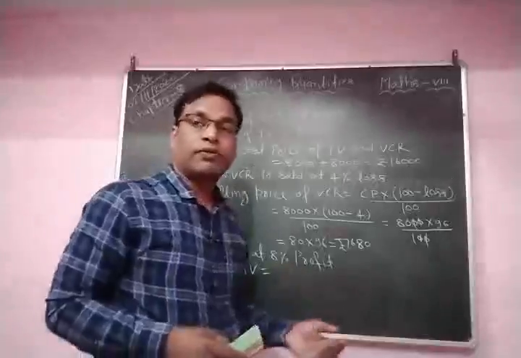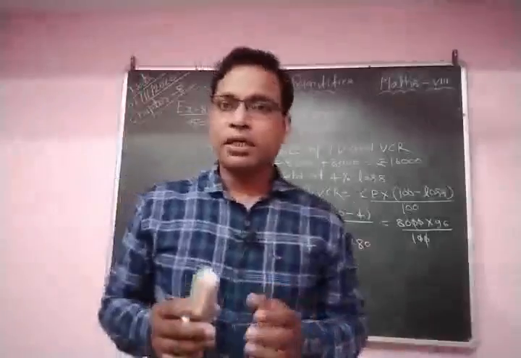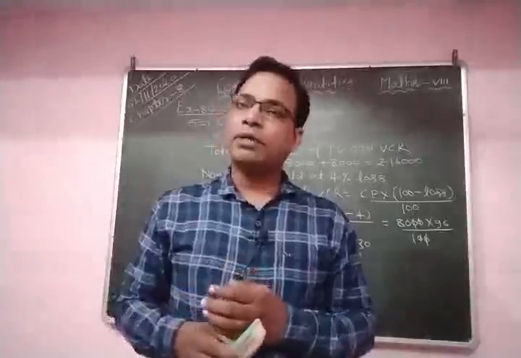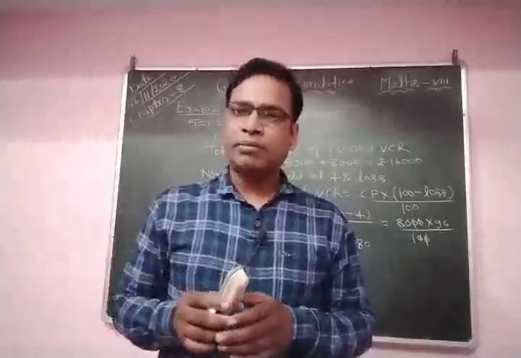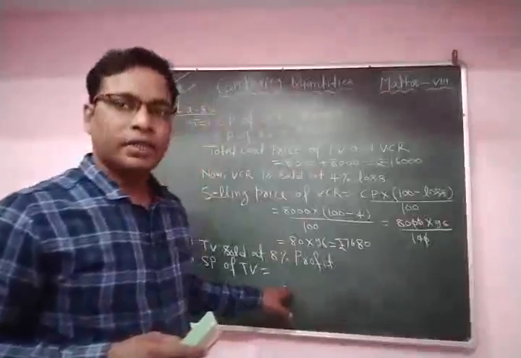Selling price is equal to cost price plus profit. First you can find the profit and then add the cost price to obtain the selling price, or you can use the direct formula.